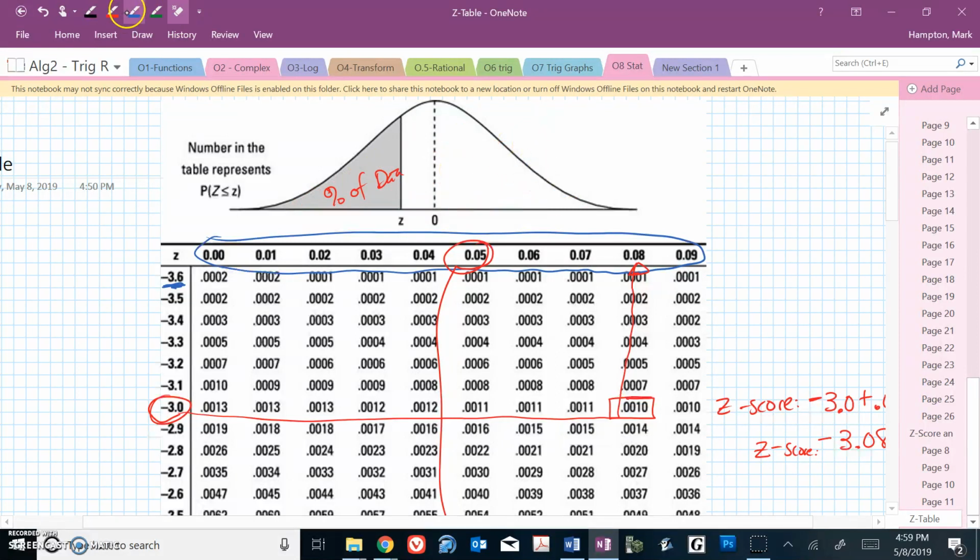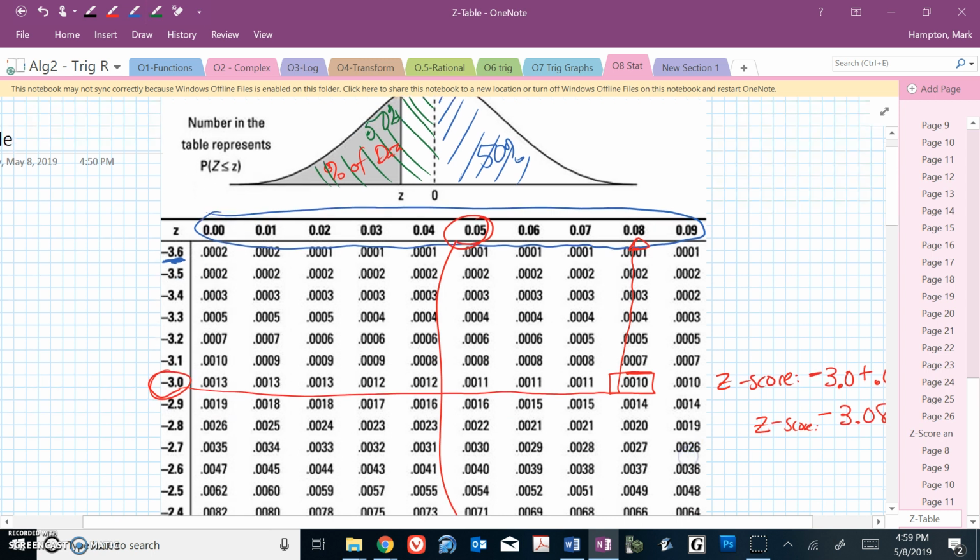So that means that there should be 50% that is to the right of this number, and to the left of this dotted line in green should be another 50%. 50% of the data on either side of the line.